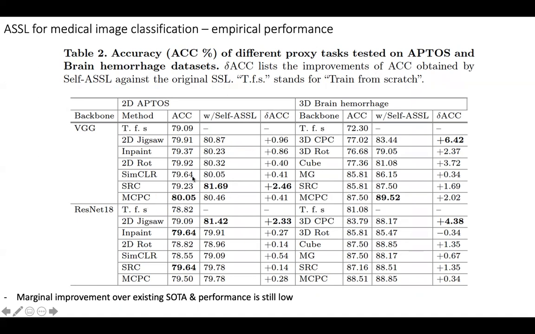As you can see, the highest this self-aggregative self-supervised learning approach can achieve is 81.69, and for the 3D classification, the highest it can achieve is 89.58. So from these tables, we can see it only achieves very marginal improvement over the existing state-of-the-art performance, and also the performance is still pretty low. Okay, that's all. Thanks.